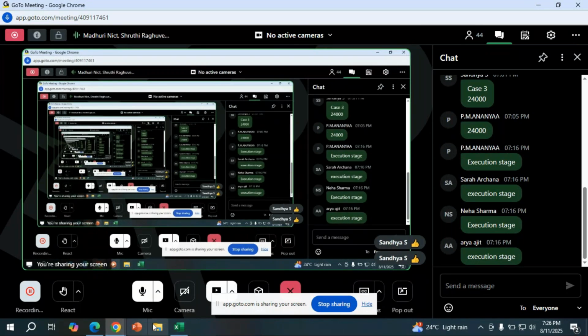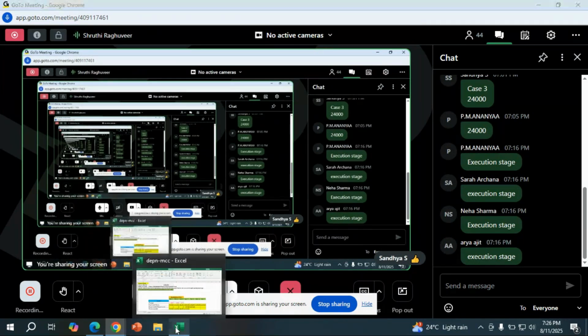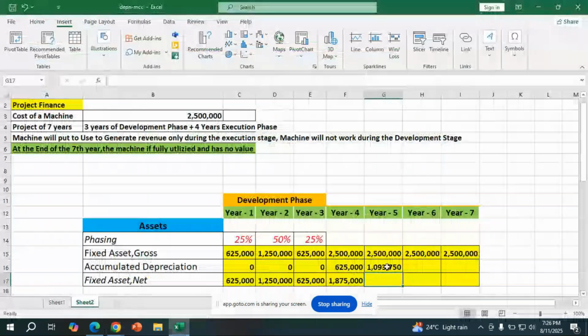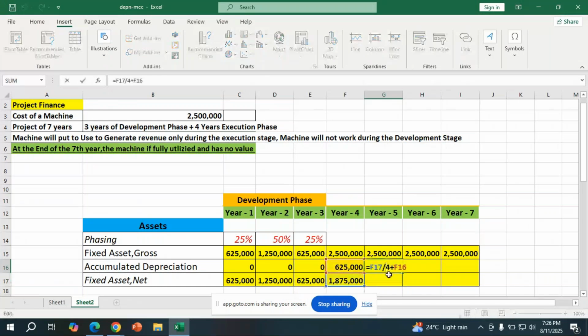Ma'am, for year 5, the accumulated depreciation is B17 divided by 4, ma'am. You're telling us B17 divided by 4? Okay.